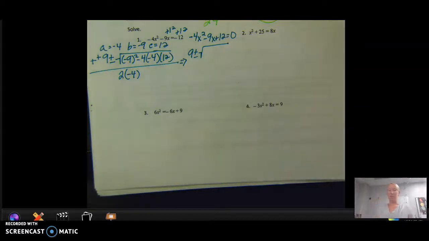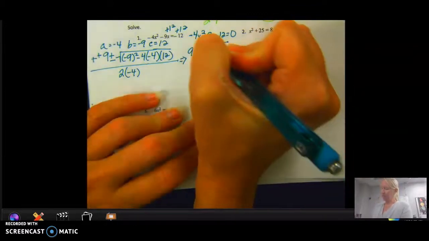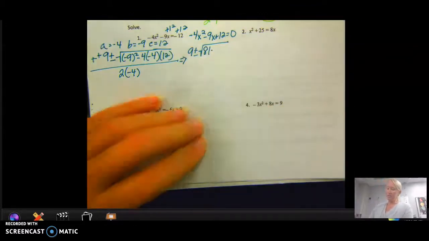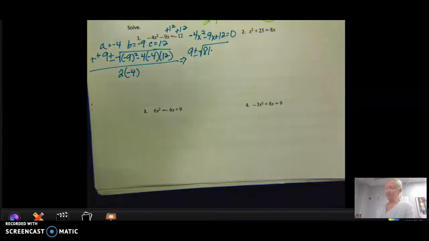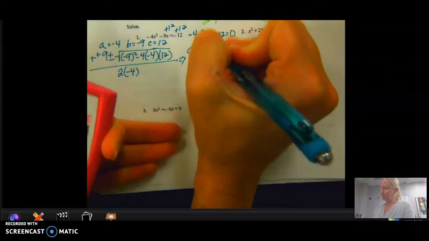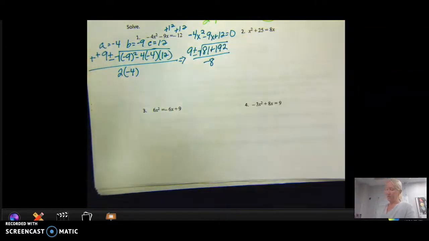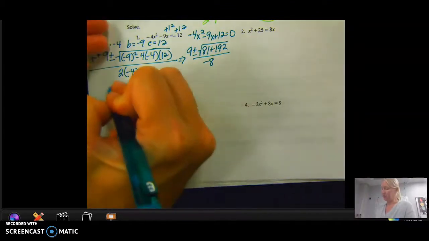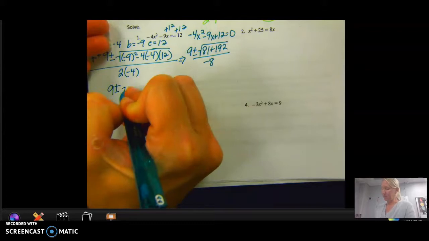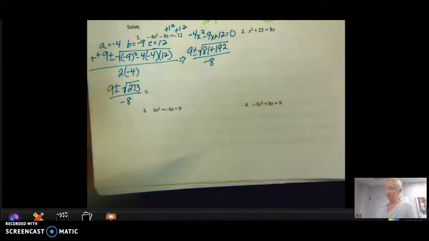Really, negative 9 squared you should be able to do in your head because 9 times 9 is 81. Then negative 4 times negative 4 is a positive 16, and 16 times 12 gives me a positive 192. All that's over 2 times negative 4, which is negative 8. 81 plus 192 is 273. So 9 plus or minus square root of 273 all over negative 8.